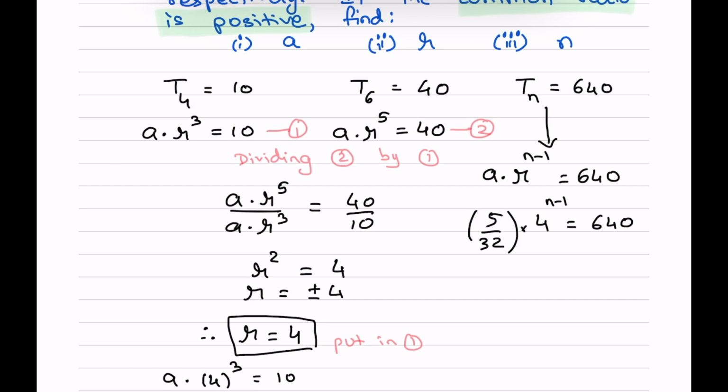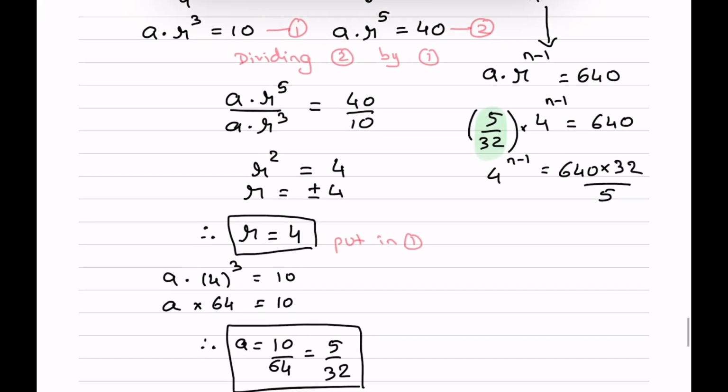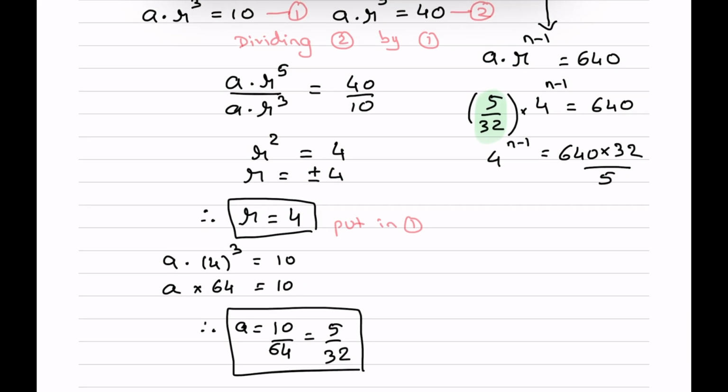So transposing the numeric coefficient, we get 4 raised to n minus 1 equals 640 times 32 upon 5. Simplifying this, we get 128 times 32, which is equal to 4 raised to n minus 1.